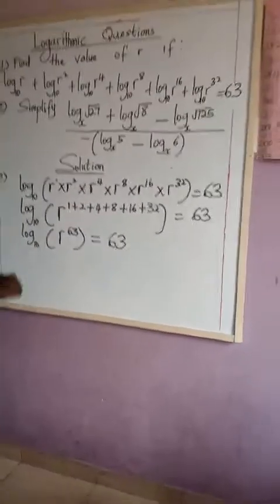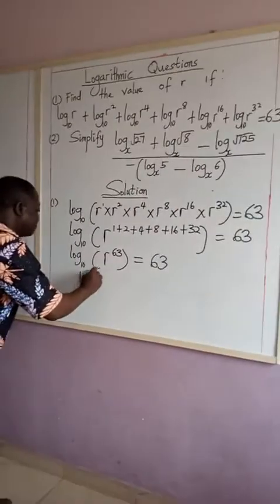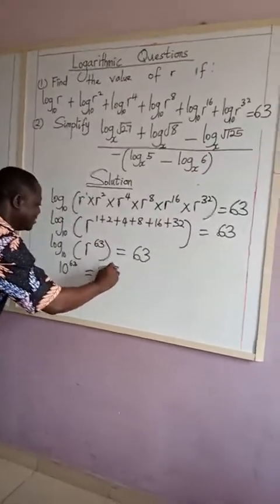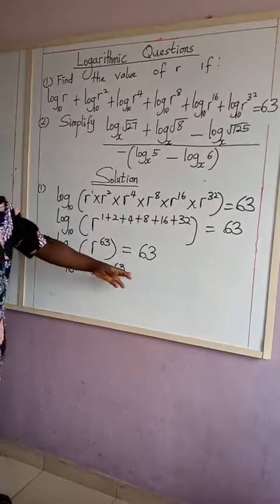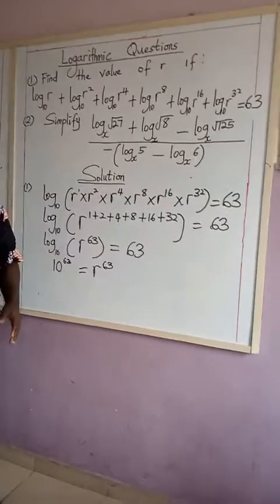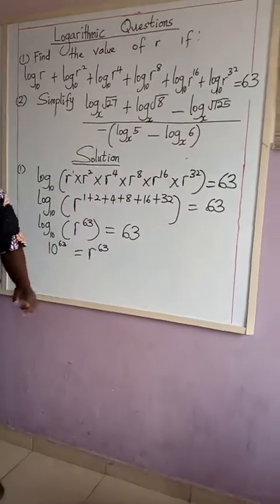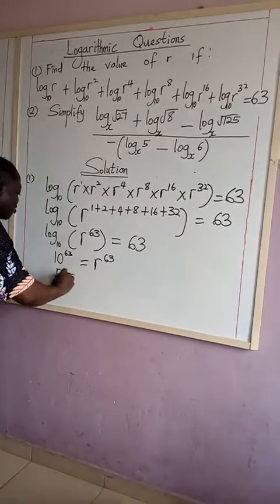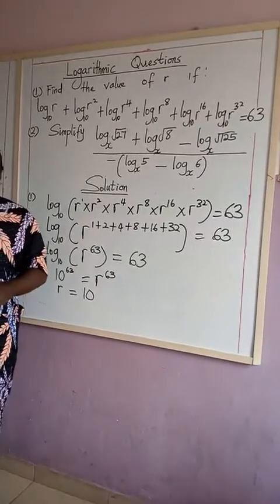So that means 10 must be raised to power of 63 so as to get r raised to power 63. Now if you look at these powers, they are the same. Then definitely their bases are also the same. So from here, r is equal to 10. It is as simple as this.